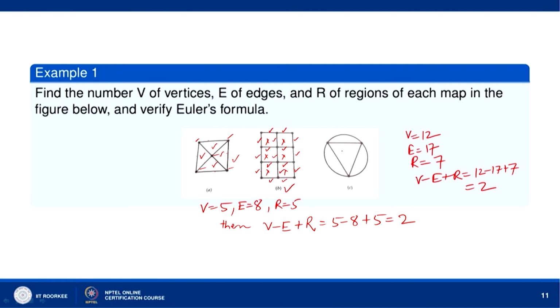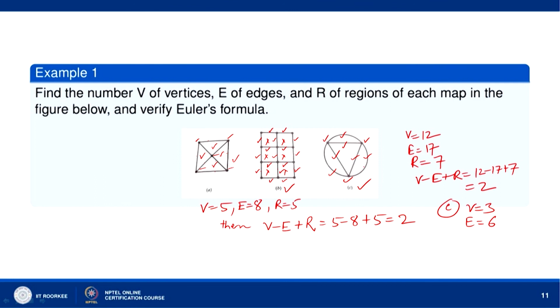And then for part C, vertices are 1, 2, 3. There are 3 vertices. And E is equal to 1, 2, 3, 4, 5, 6. So, we have 6 edges.